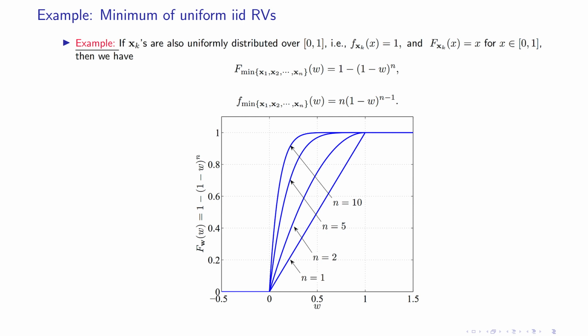If you plot these CDFs for different values of n, obviously if you put n equal to 1, you get the uniform distribution. If you put n equal to 2, you get this expression, and so on. So you get a polynomial. By increasing n, for the minimum, your CDF is pushed toward x equals 0.